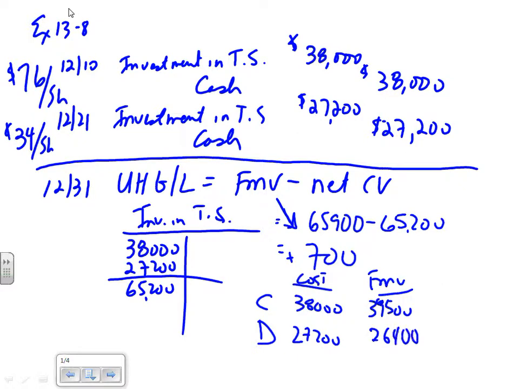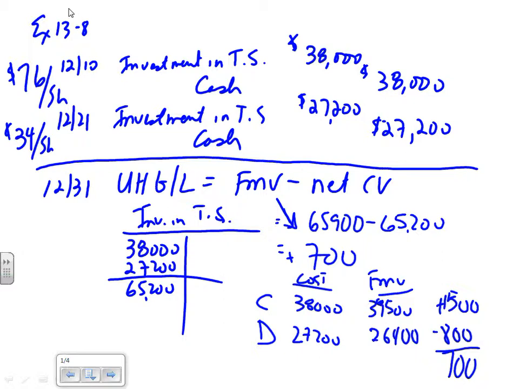So basically, we have a $1,500 gain on Carroll, and we have an $800 loss on Dynamo. So we have a net gain of $700.